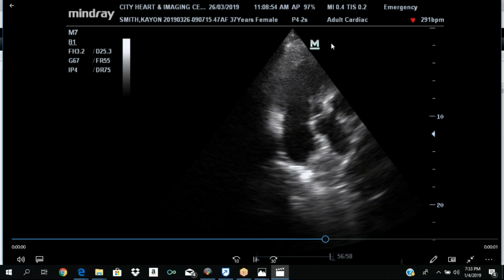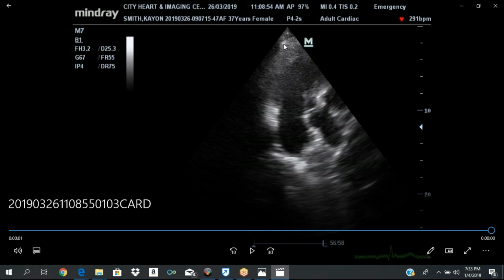So this is your 3-chamber view, and this is your inferior lateral wall. Anterior septum is right there. Mitral valve is right inside here. This is the aortic valve right there and the ascending aorta. That's why we call it a 3-chamber view. Mitral valve is right inside there.